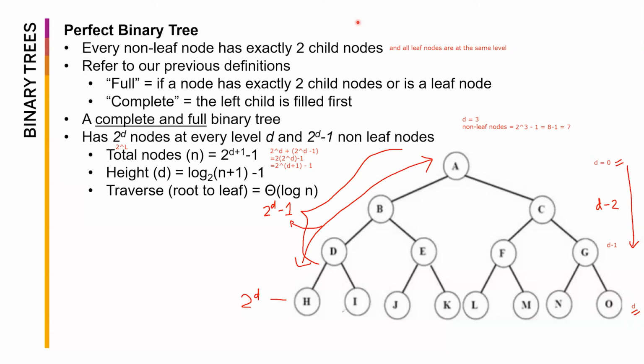Now, if we want to know how many leaf nodes are there, again, leaf nodes are all at the level D. So we can simply use this formula, 2 raised to D, to define the number of leaf nodes at level D. This 2 raised to D is applicable at any level, so don't get me wrong.